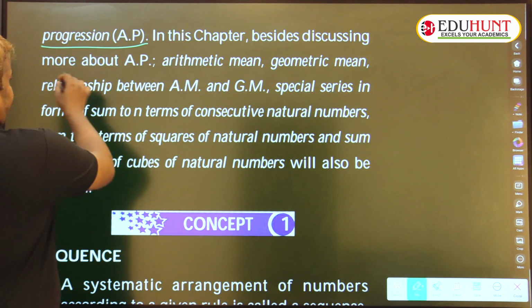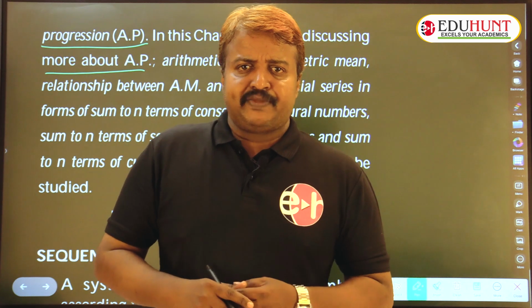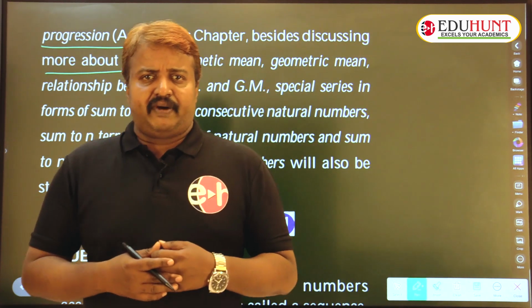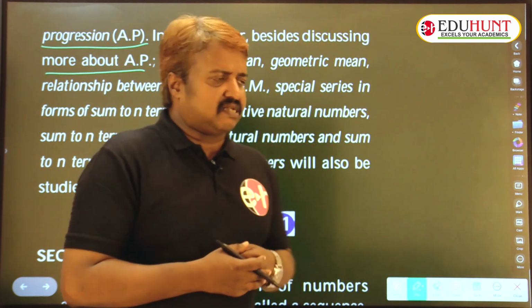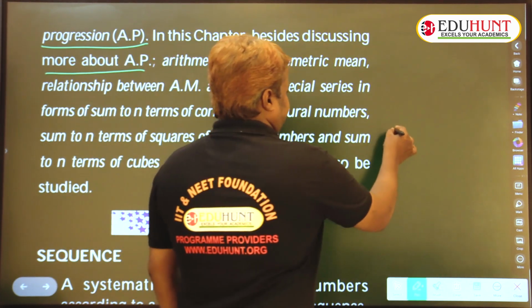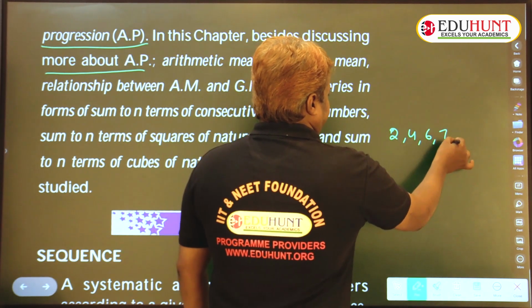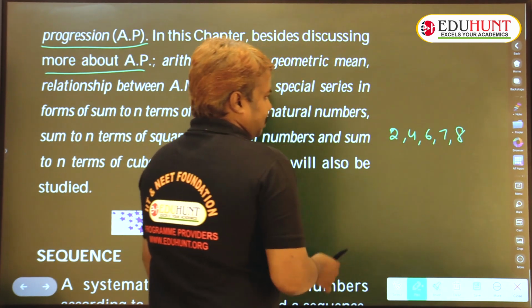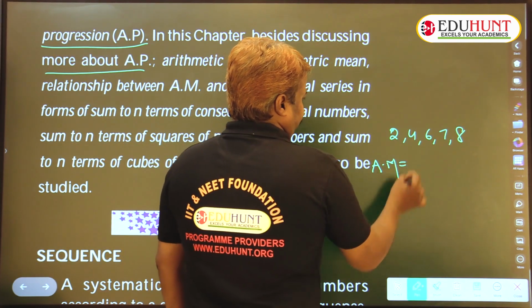before that you have to discuss the mean. Arithmetic mean of some numbers, a sequence of numbers, you can take. For example, 2, 4, 6, 7, 8 observations are there. What is the arithmetic mean here? Arithmetic mean is denoted by AM.